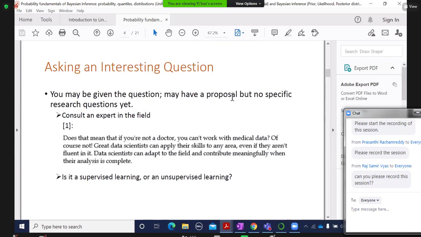Then what you need to do? You need to do lots of comprehensive literature review to identify the research gap. And then based on the research gaps, you can ask a research question. So at this stage, you need to work closely with people in the problem domain. So have a look at this paragraph by yourself.